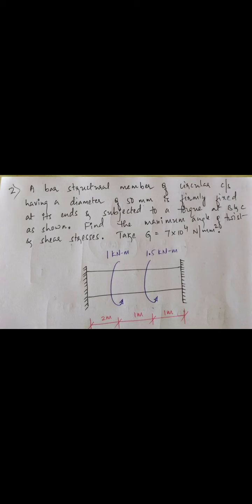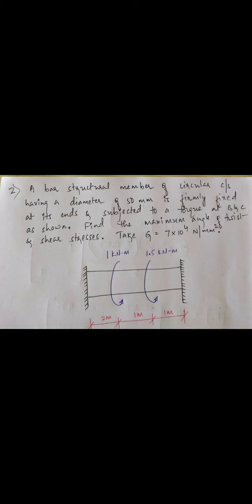That is what is expected from you students, that is, find the maximum angle of twist. Now we will continue our series of equation writing procedure to solve this particular problem.